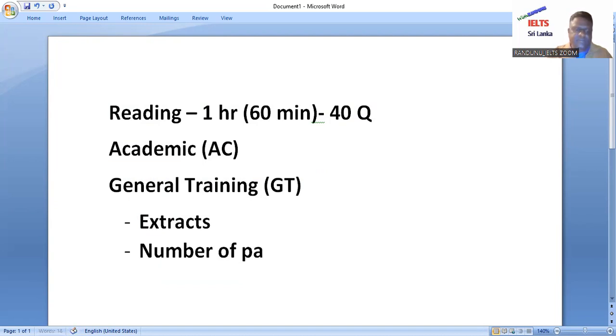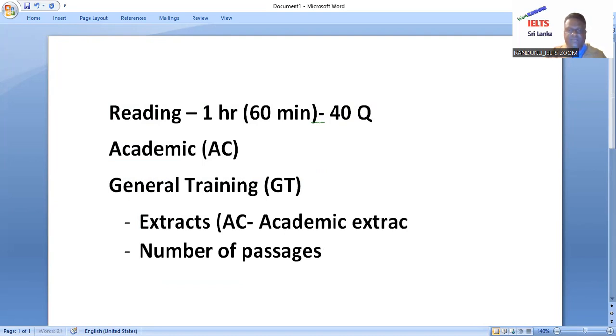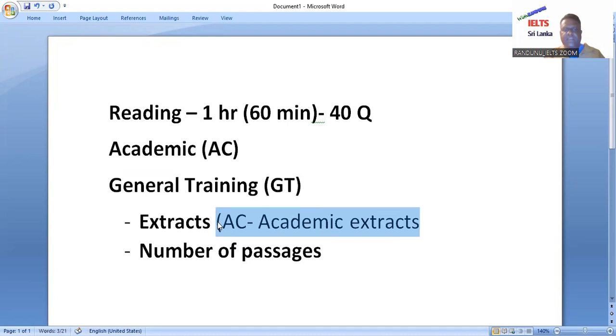Here, if it is academic, extracts; if it is GT, they are general extracts.